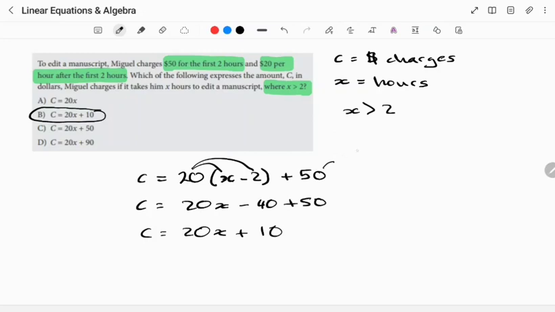This is our B. If you think about it in the form of y is equal to mx plus c, or plus b, this would be our B. And we're removing 2 here because we already charged them for 2 hours with this 50. And then this x is every additional hour after 2 hours that we are charging them $20 for. And that is how we get to this equation.